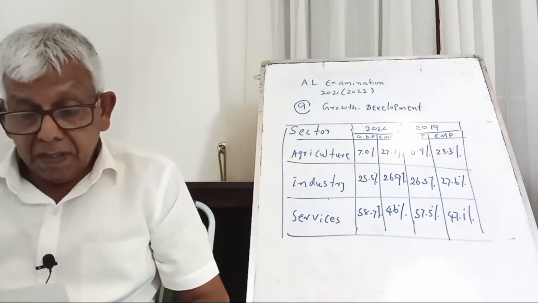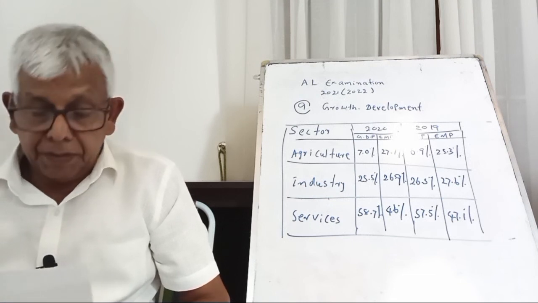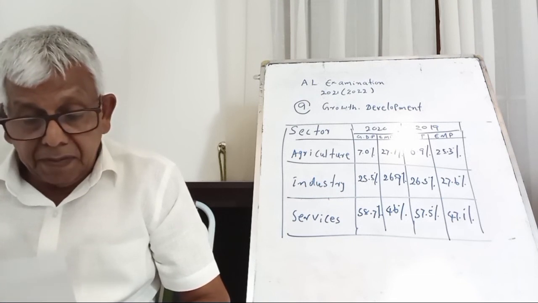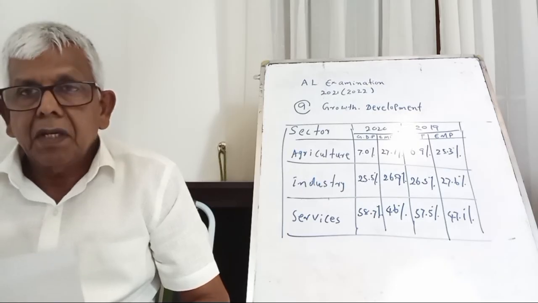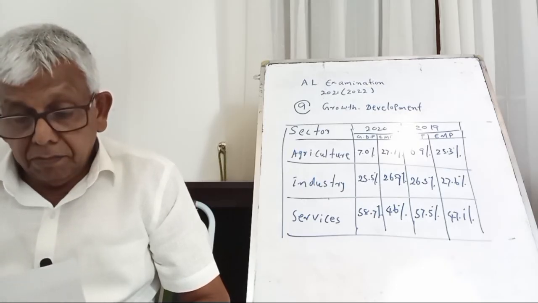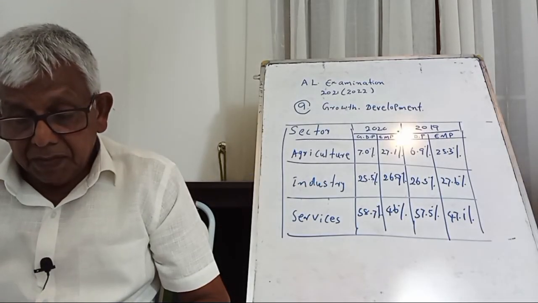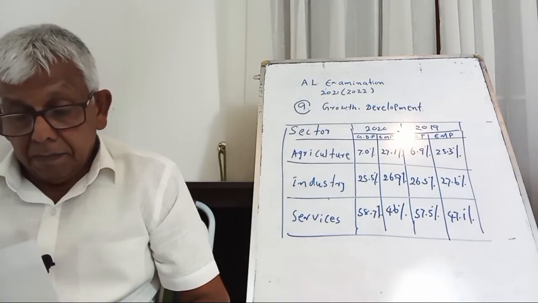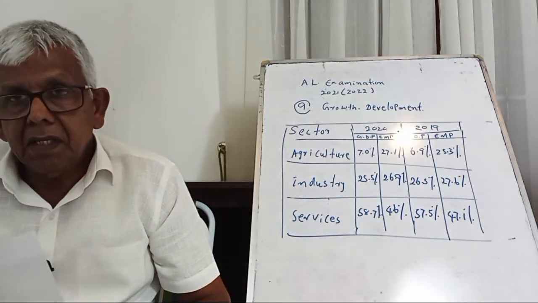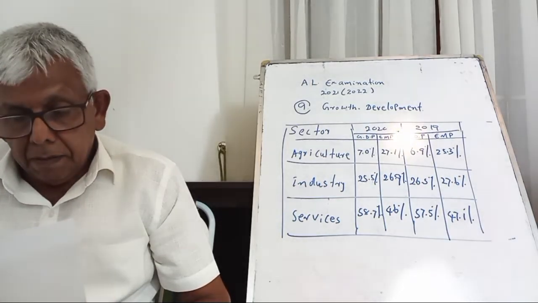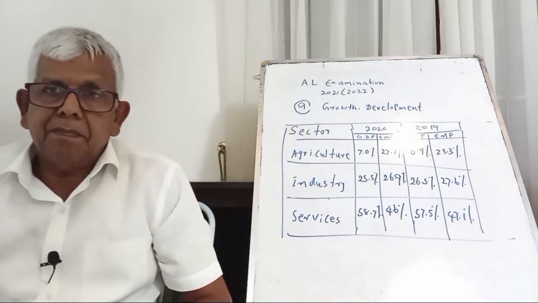GDP: agriculture 7.0%, industry 25.5%, service 58.7%.